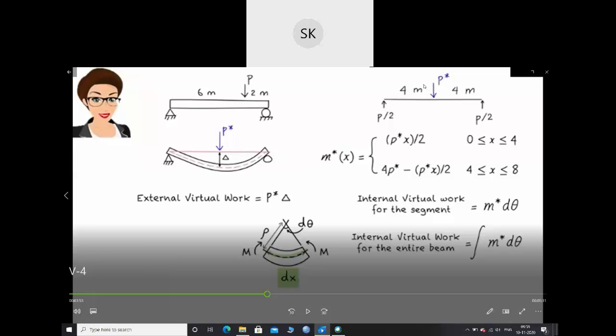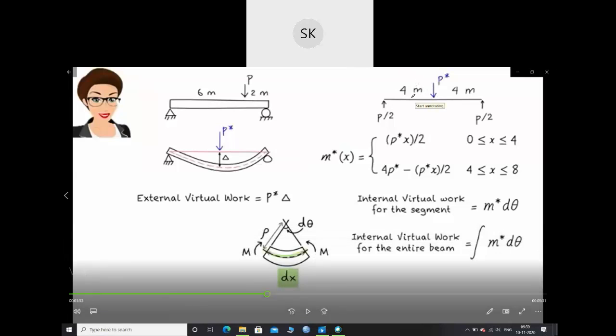If you go back to the shear force and bending moment diagram, how many sections will be there? There will be one section like this, and there will be one more section at this, right? So for this section, if you consider it from 0 to 4, what will be the moment equation?